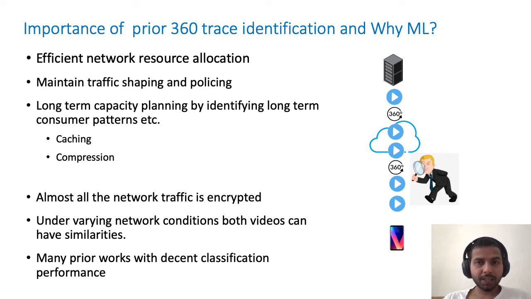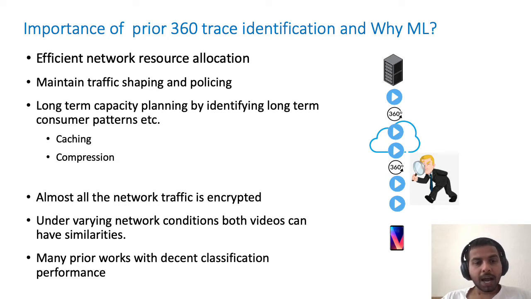So in our work, why have we used machine learning? Because today almost all network traffic is end-to-end encrypted, so traditional approaches such as deep packet inspection are less usable for network traffic analysis.